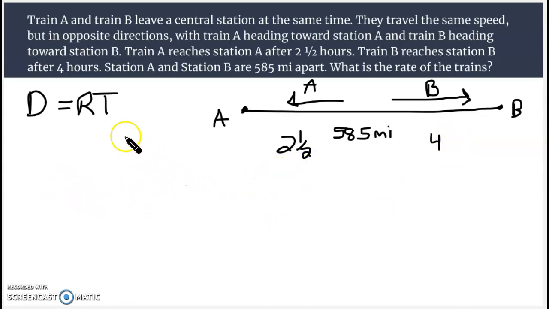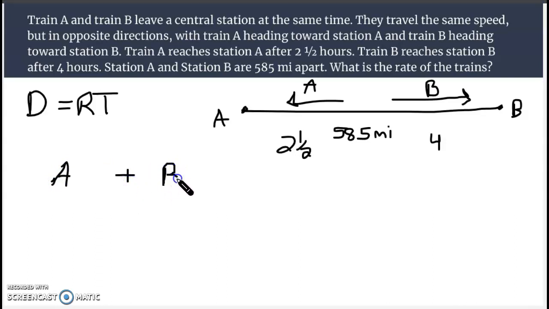Alright, does it make sense if distance equals rate times time? Let's think about rate times time for Train A, if I can get this drawn right. And then also Train B. Train A goes a certain distance, Train B goes a certain distance. Those distances can be calculated by Train A's rate times time.